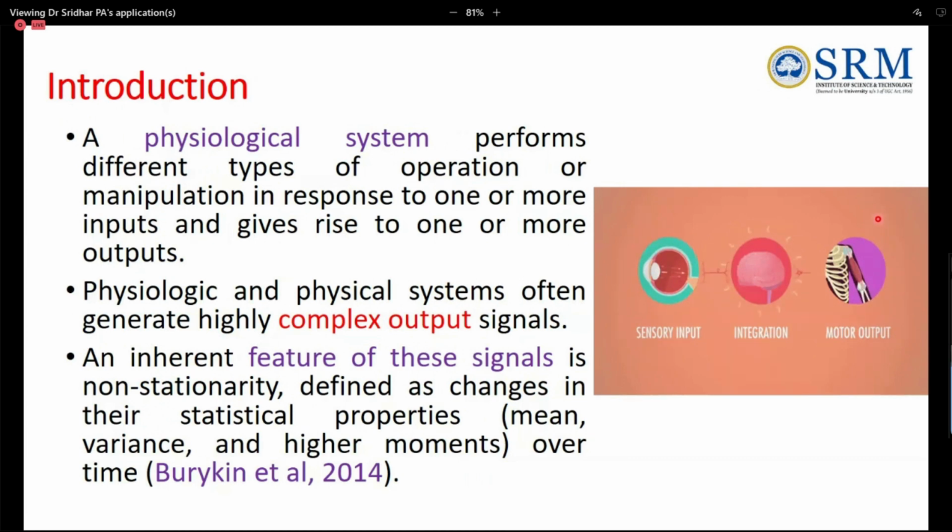In order to understand this complex output, we need to know how it is related to the physiological response. We may record any type of signal, either ECG or EMG or EEG. But how can I see the reason why I am getting this output?